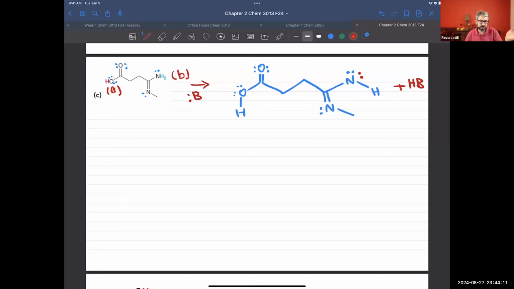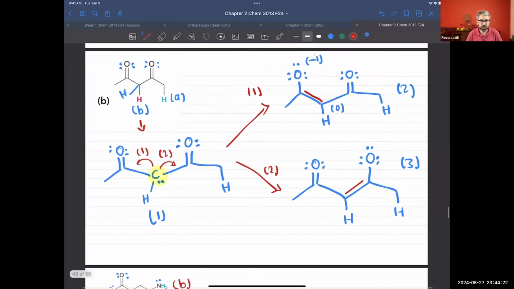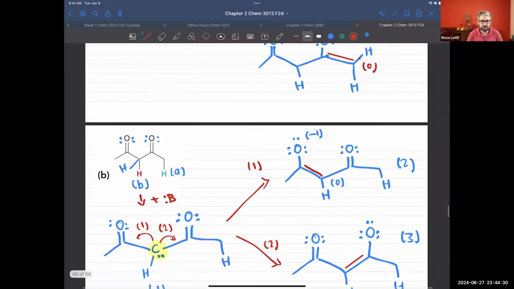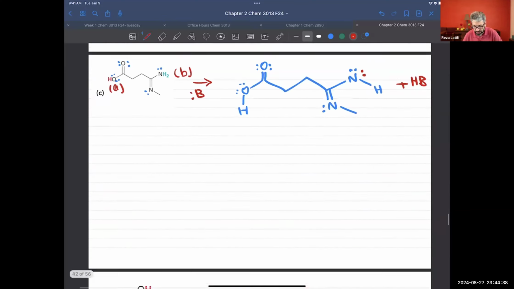Of course, I did the same thing with the others. Always, we treated them with a base and we got HB. Same thing here, and again here. So we have to use a base to take the hydrogen.